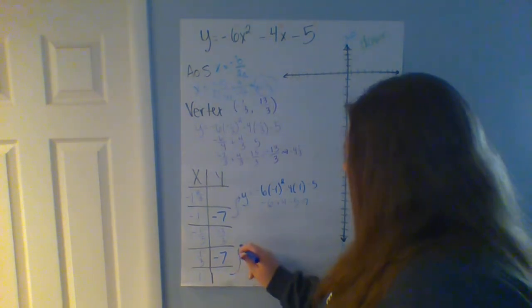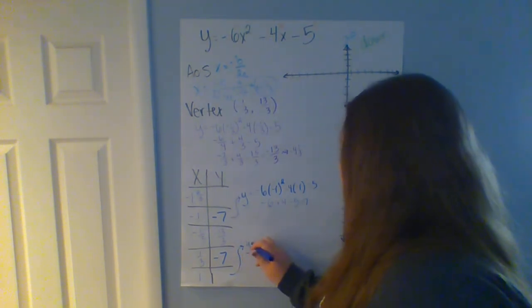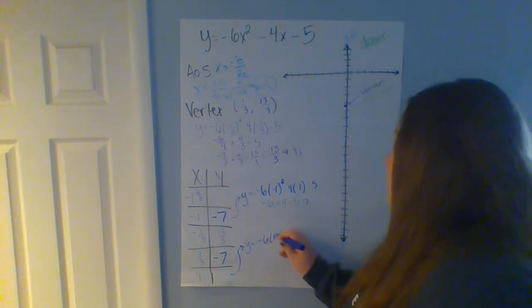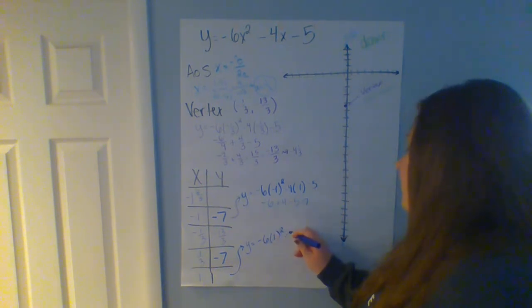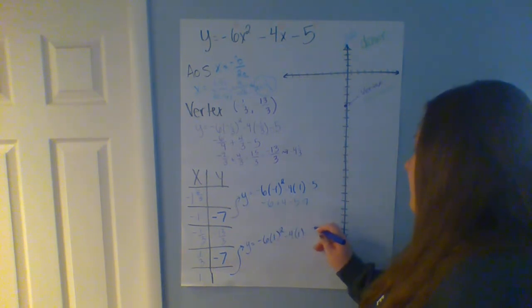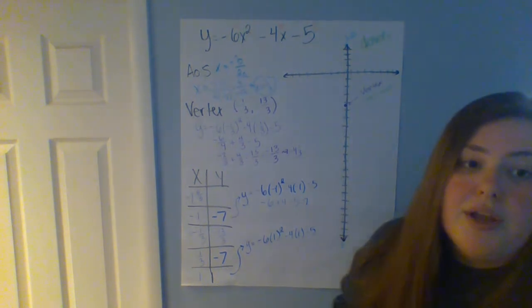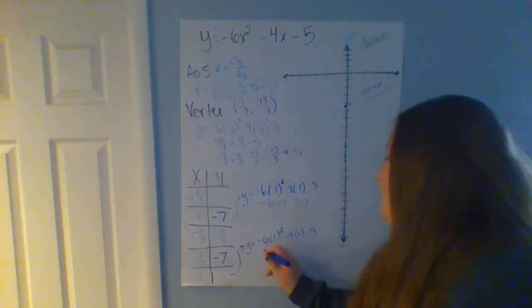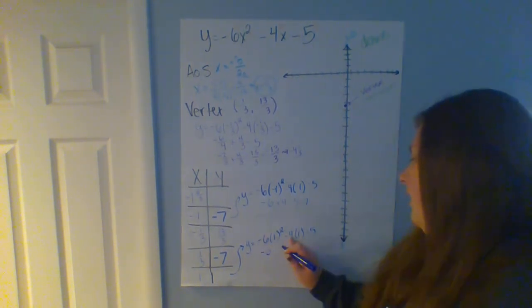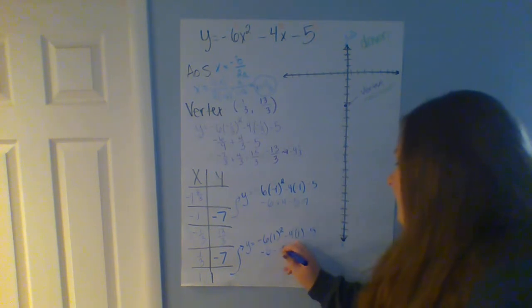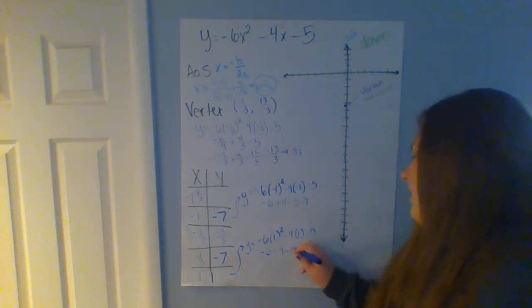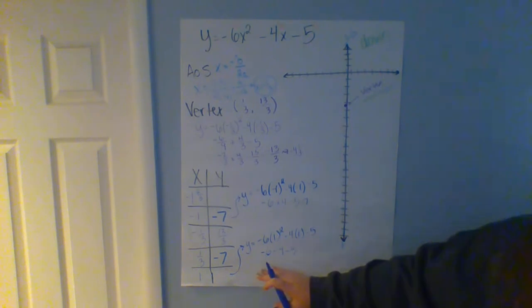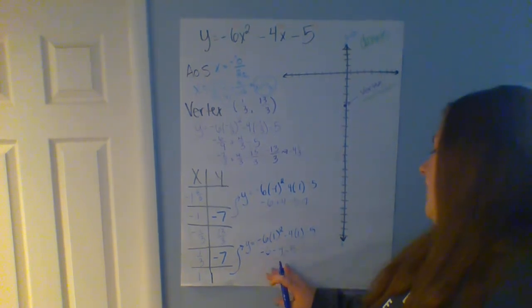Now let's plug in when x equals 1. So y equals negative 6 times 1 squared minus 4 times 1 minus 5. 1 squared is 1, so negative 6 times 1 is negative 6. Negative 4 times 1 is negative 4. And then we bring down that negative 5. Negative 6 minus 4 is negative 10.